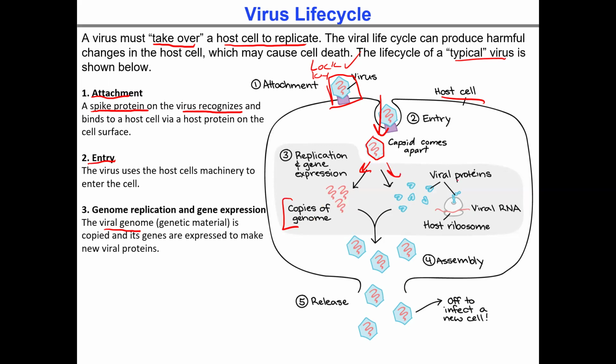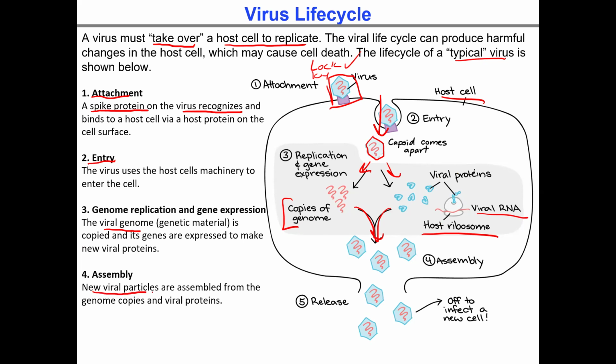It's going to start making more viral proteins by using a viral RNA with its host ribosome in order to make, again, those proteins. And then once it has done that, it's going to come back together. And it's going to take all of those copied genomes, and it's going to use all of the other viral proteins, again, all of the different structural components it's going to need in order to assemble itself.